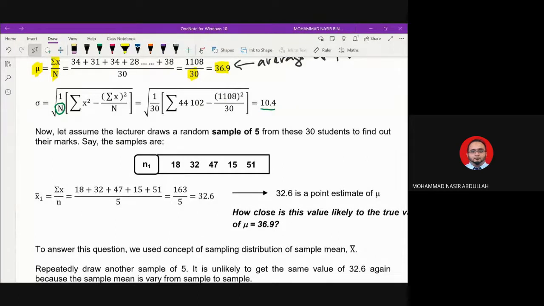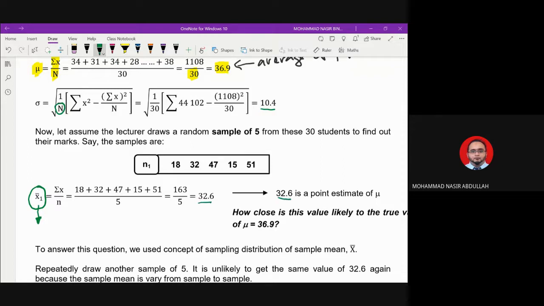That means it takes 5 observations, 5 students out of 30 students. So now the average of those 5 students is called the sample mean. We use a different notation to indicate the average of the marks of the 5 students. Summation of x divided by n, we will get 32.6.